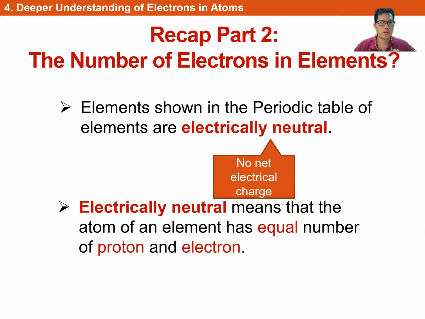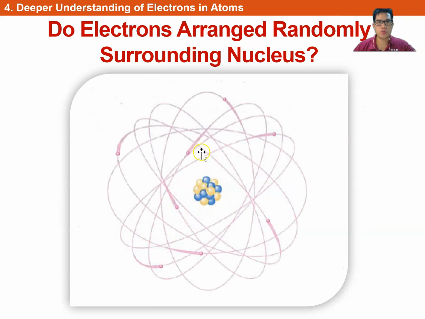The next one. As we just mentioned, the more protons we have, the more electrons we have. So there will be a way that the electrons are arranged outside. It cannot be random. The electrons are arranged structurally.